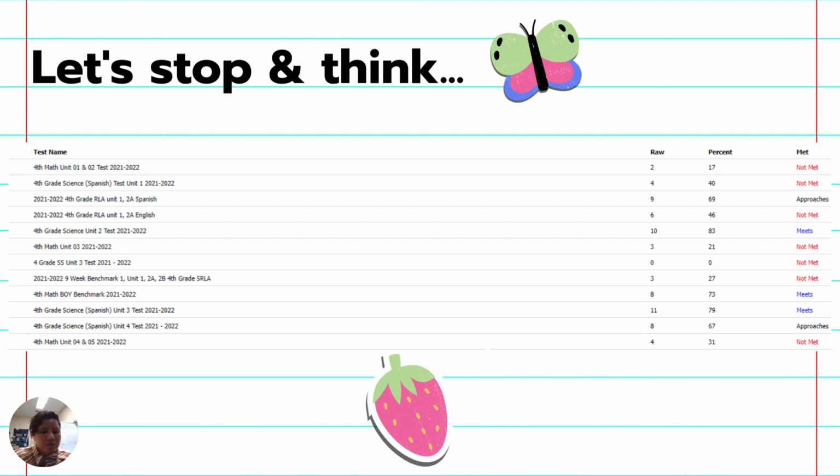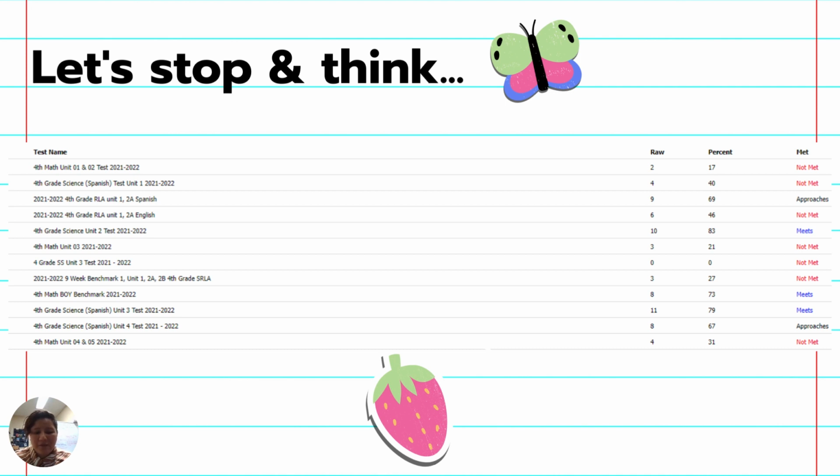So if we look at this example in 4th grade, this was from last year, the year before, we're looking at a 4th grade RLA unit test. Here, when the student took it in Spanish, they scored a 69% and they met approaches.